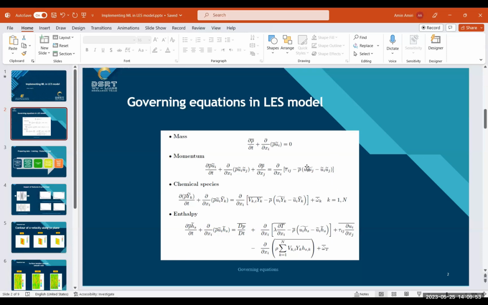We should predict this term. There are many solutions for this term, but none of them are very accurate. In this case, we use machine learning and train this model, and then use the trained model to solve this system of equations.